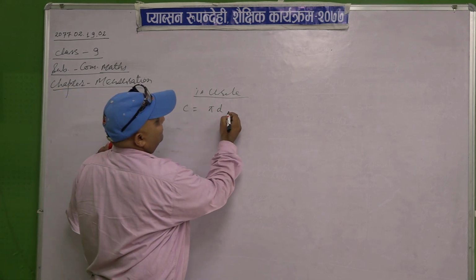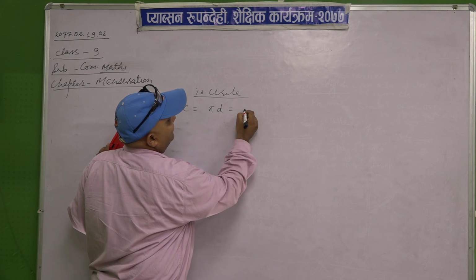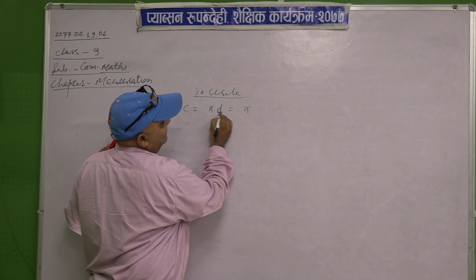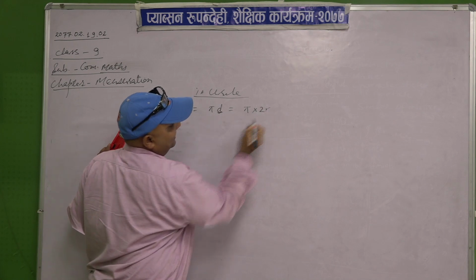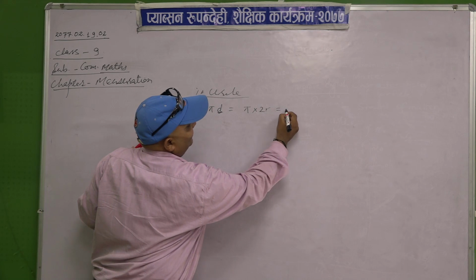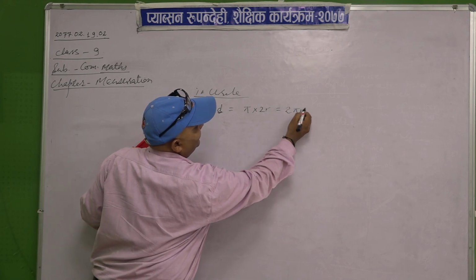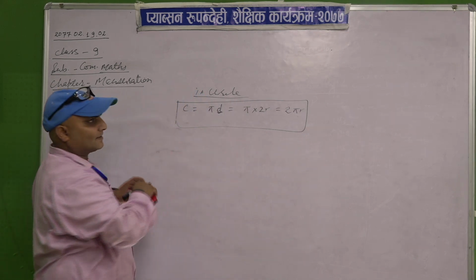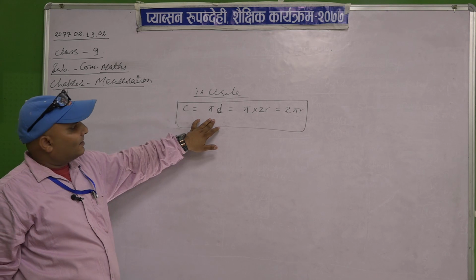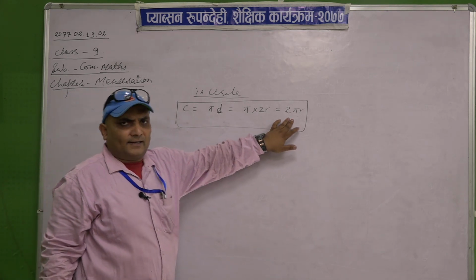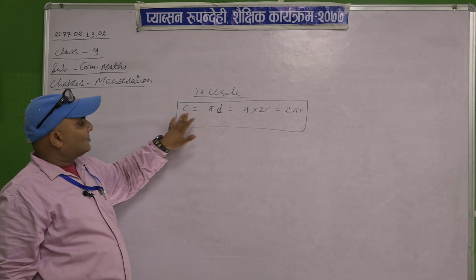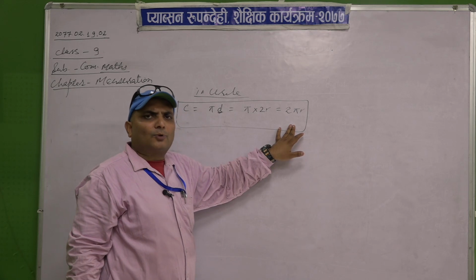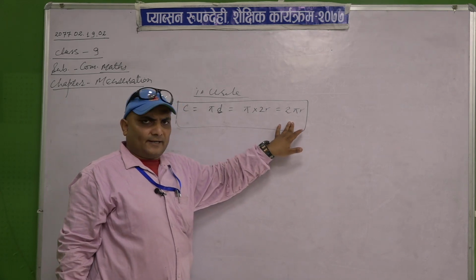C is equal to pi d, write pi as it is. What is the value of d? We have derived the value of d as 2r. Now, you multiply, it will be 2 pi r. So, the formula of circumference is pi d or 2 pi r. In the form of diameter, the formula is pi d. In the form of radius, the formula is 2 pi r.